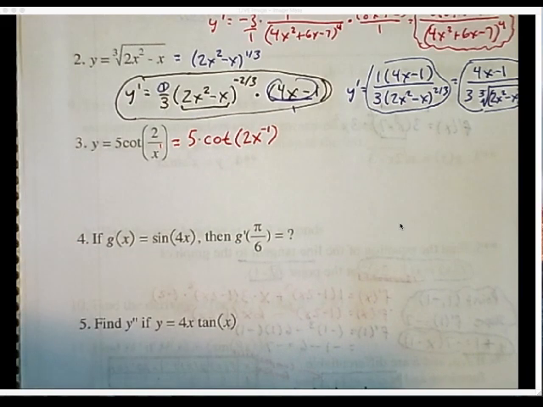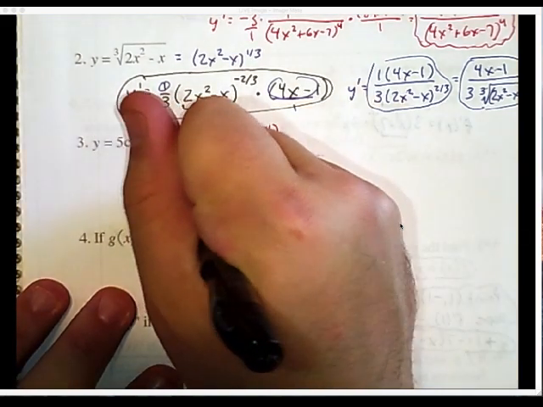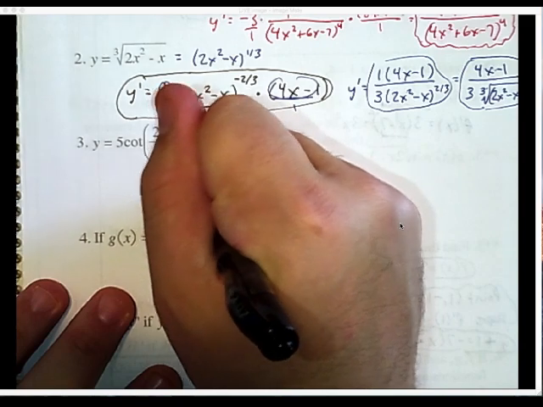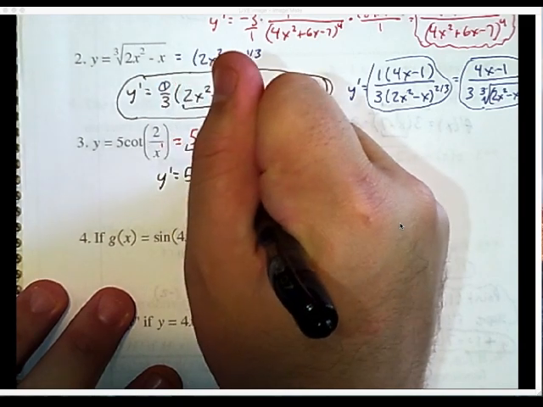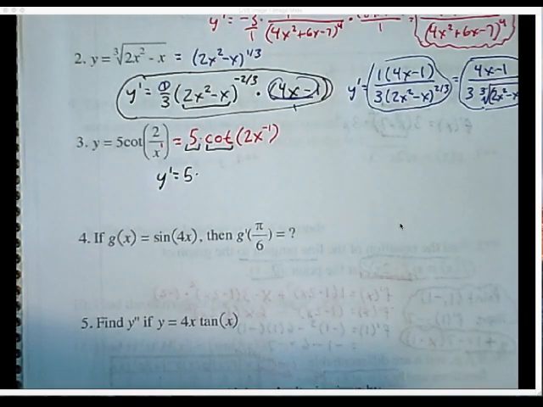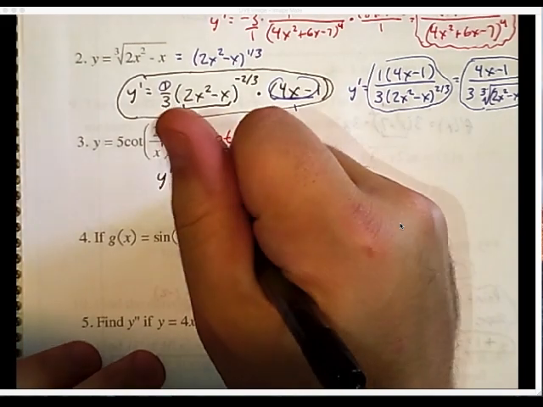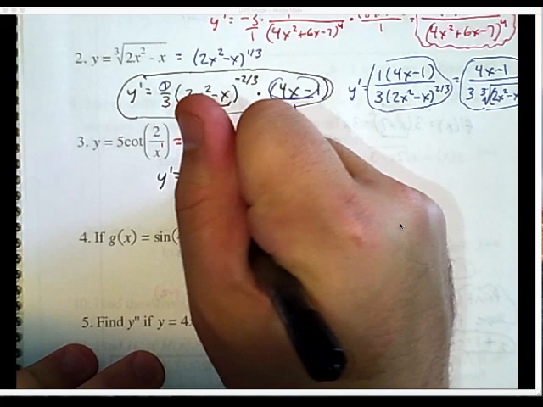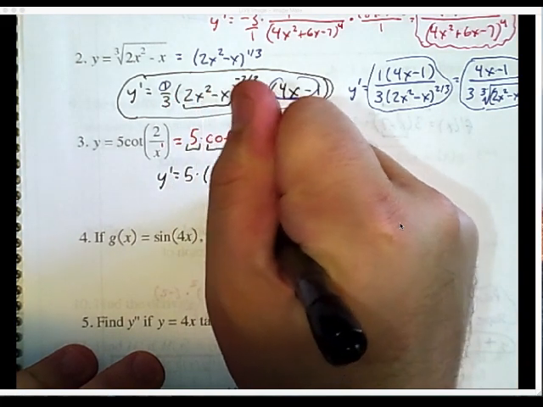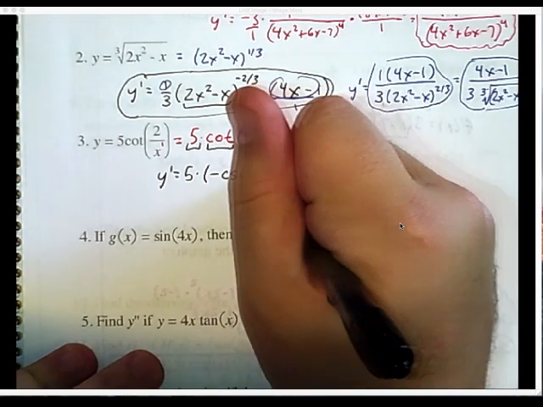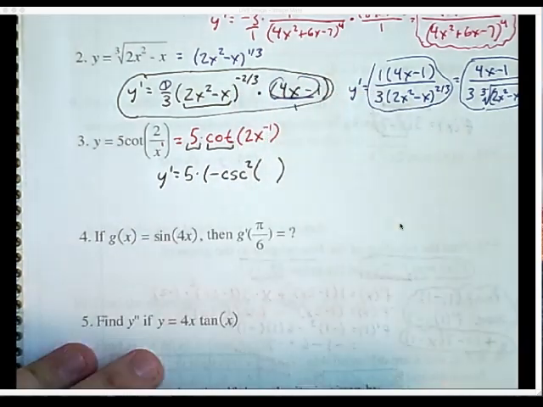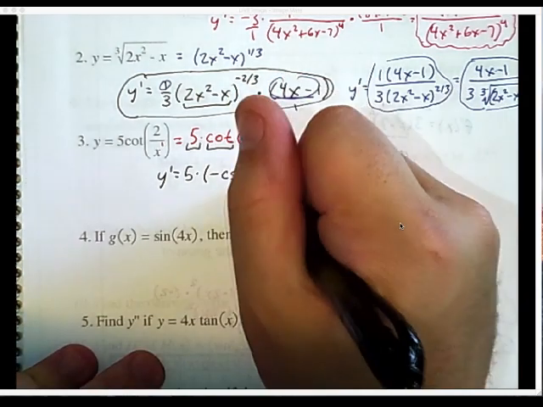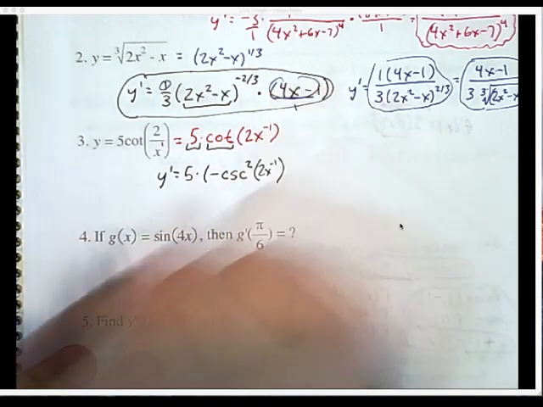When I take the derivative, let's think about taking a derivative. The coefficient always stays. Now that's the outside part, cotangent. What's the derivative of anything cotangent? Well, it is negative cosecant squared, with respect to the same thing, 2x to the negative first.